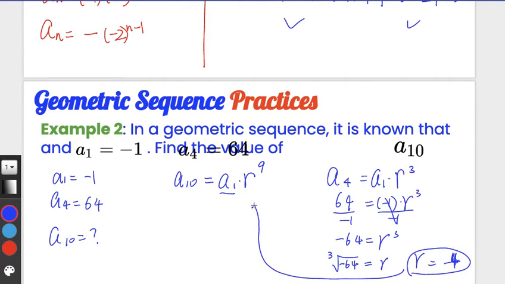Now I'm going to plug it in here. So a10 is going to be -1 times -4 to the ninth power. Now we just need to use a calculator. One thing to remember, whenever you put this in, do not forget the negative sign here.